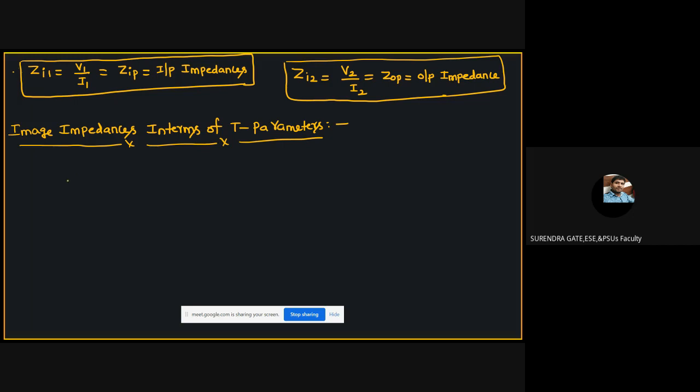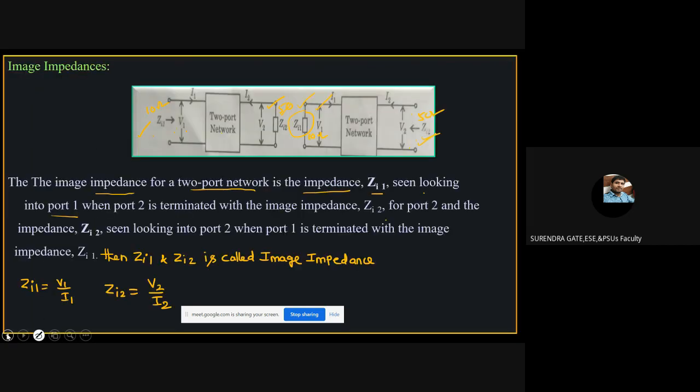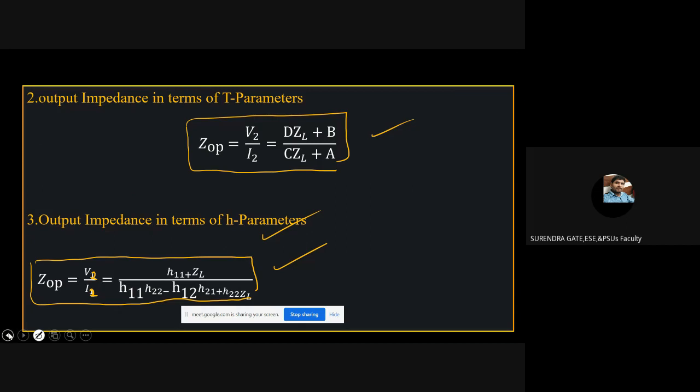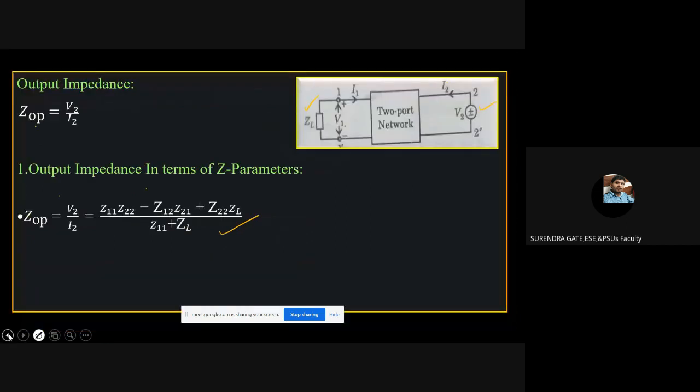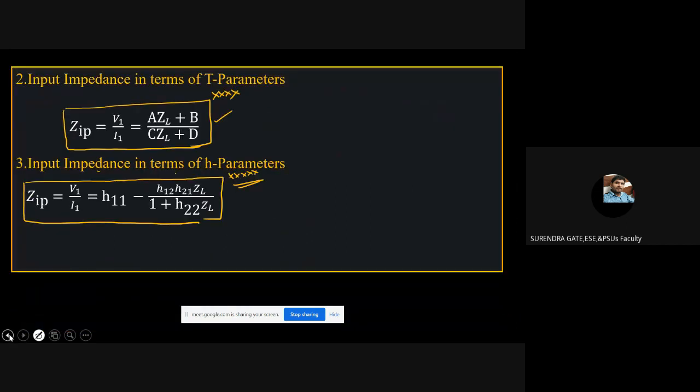What is Zi1 equal to? We know that Zi1 equals Zin. But you know the input impedance in terms of T parameters. What is the input impedance in terms of T parameters? Yes, friends. The input impedance in terms of T parameters is A into ZL plus B, over C into ZL plus D.